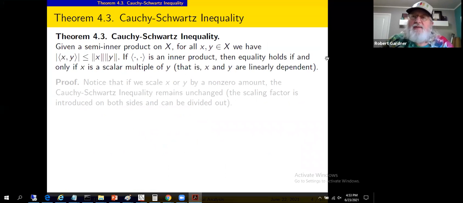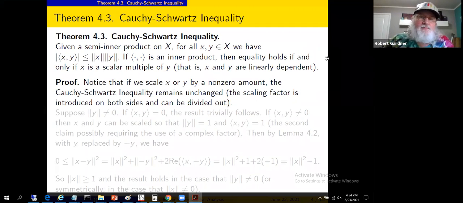This is lengthier than some of the arguments in here, but it's making several claims. First, we can scale x and y in this little Cauchy-Schwarz inequality, and that doesn't change anything. If we were to take vector x, for example, and multiply it by some scalar alpha, you could bring the modulus of alpha outside of that norm.